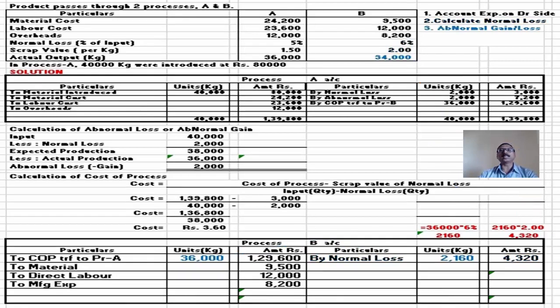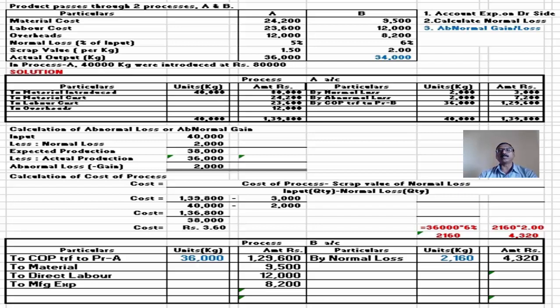Now we'll go for the third step. The third step is the calculation of abnormal loss or abnormal gain. For this purpose again we are required to calculate the abnormal loss or abnormal gain quantity. So what is the input in this process B? It is 36,000 kilograms. What is the output in this process? 34,000.